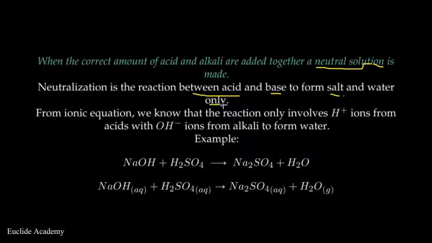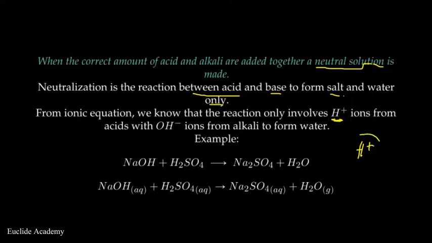So we can start from the different equations, and we knew from the earlier discussions that an acid has hydrogen ions. This is the symbol for hydrogen ion, H with a plus.